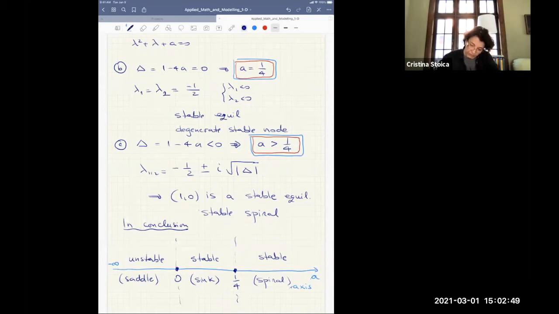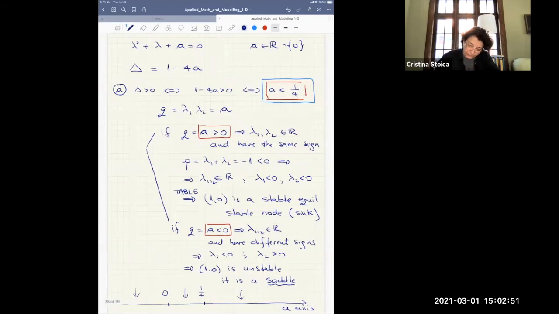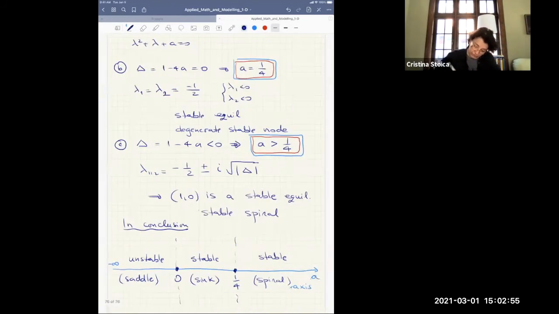Oh, a is never zero actually. So there's no a in there. So this is a hole here. Actually, I'll make it with a hole in there.